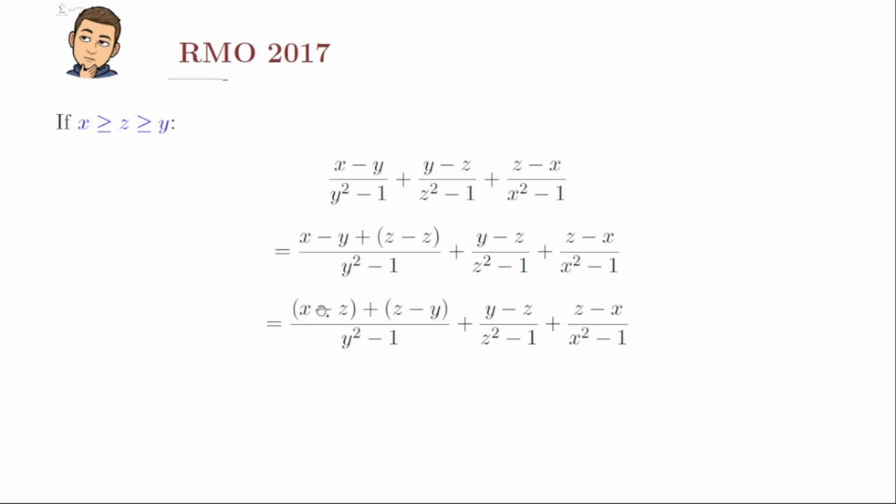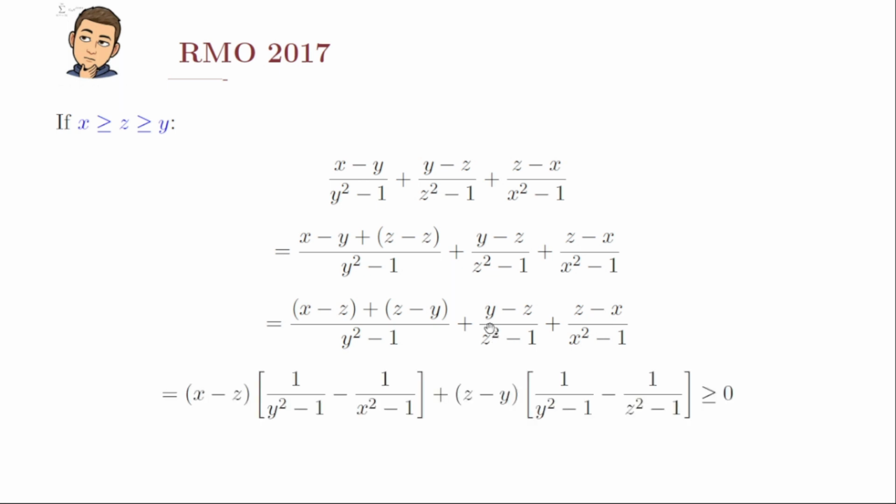Notice x minus z can be combined with the term z minus x over x squared minus 1, and z minus y can be combined with y minus z over z squared minus 1 right here. So it is easy to check. This will be (x minus z) times (1 over y squared minus 1 minus 1 over x squared minus 1) plus (z minus y) times (1 over y squared minus 1 minus 1 over z squared minus 1).